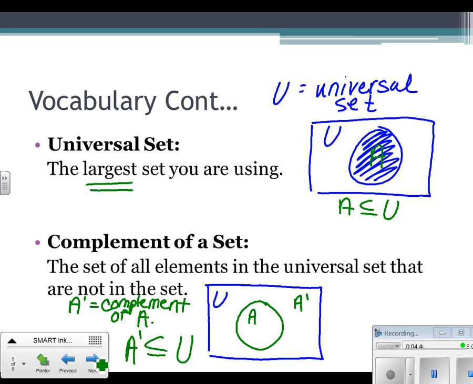And so you can see there that the complement of A is outside of this circle. Maybe I'll use a different color here to show A prime. It's on the outside of the circle. It says the set of all elements in the universal set that are not in the set.